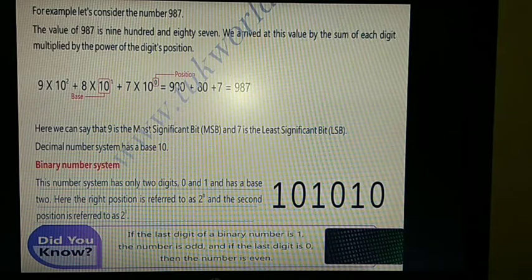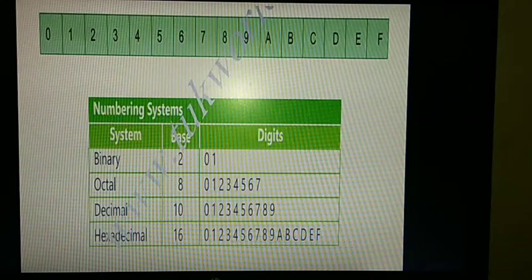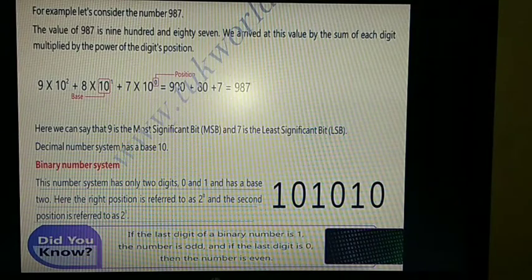In this video I am going to explain the binary number system, octal number system, hexadecimal number system, and a few conversions. So let us start with the binary number system. By the term binary, we can understand this number system uses only two digits, that is 0 and 1, and automatically the base will be 2.